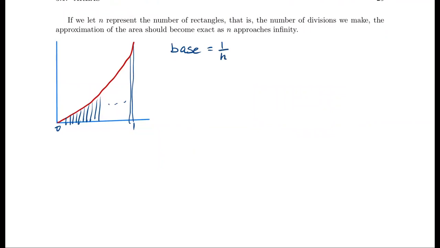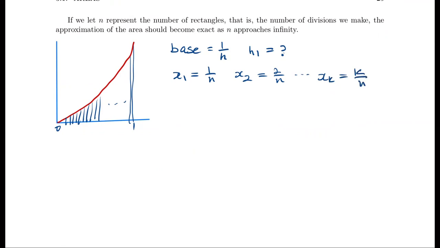But what is the height? So h of 1, we don't know what that is. Well, we do know that x1 is going to be 1 over n, x2 is 2 over n, and if you keep on going until the kth value, that'd be k over n, right?